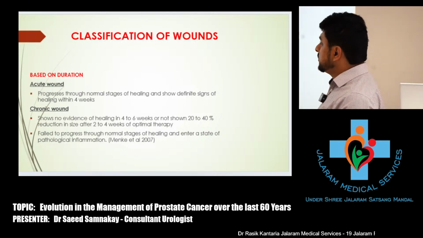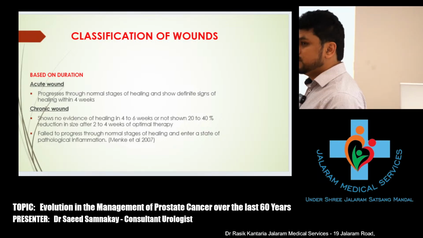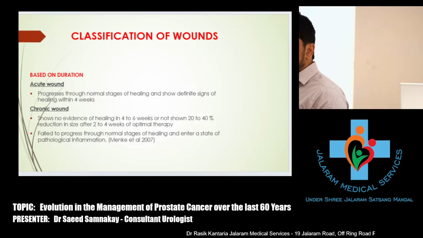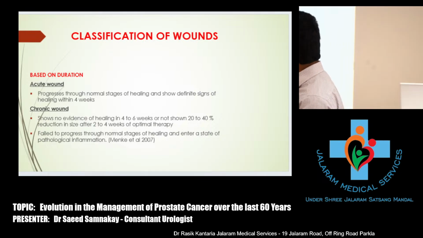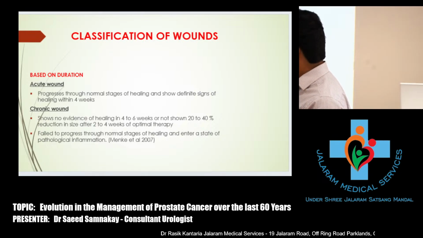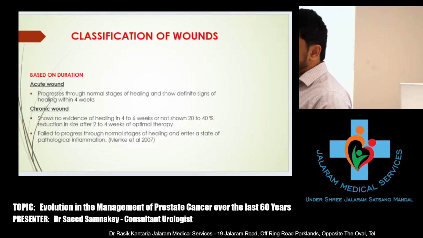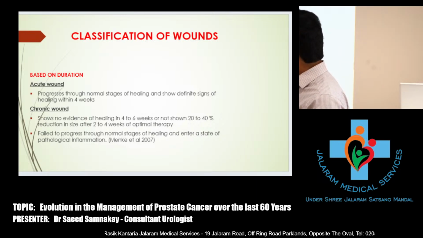How do we classify wounds? Basically, there are ways that we do it. One is by looking at the duration. So when you see the duration, you could either categorize this wound as acute or chronic. In terms of the specific definition, when you look at literature, acute means basically it's going through its normal phases of wound healing, and we'll go through the phases of wound healing.